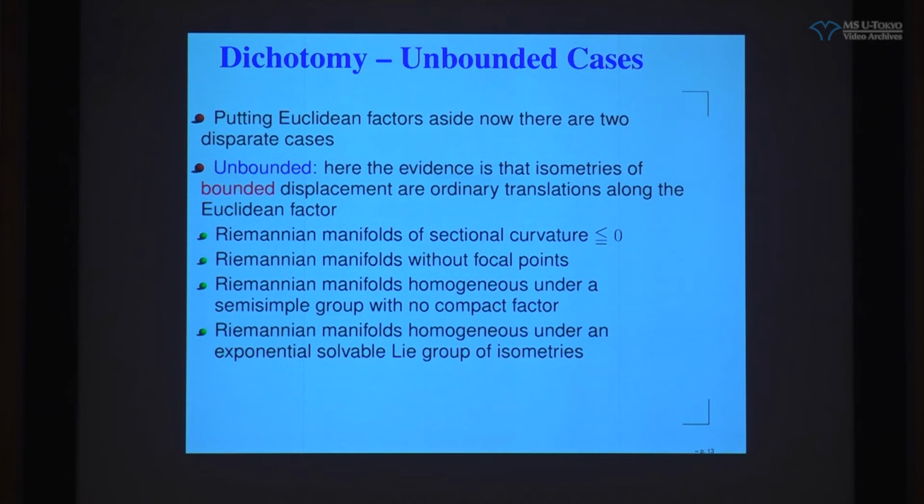So that's one aspect, the case where bounded isometries are severely limited and the homogeneity conjecture is easy.